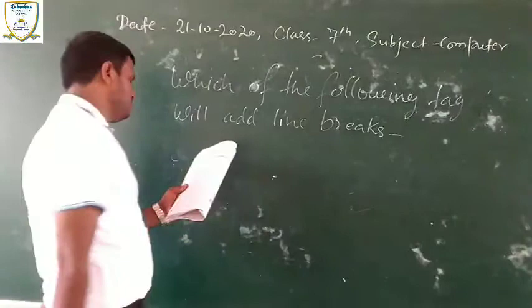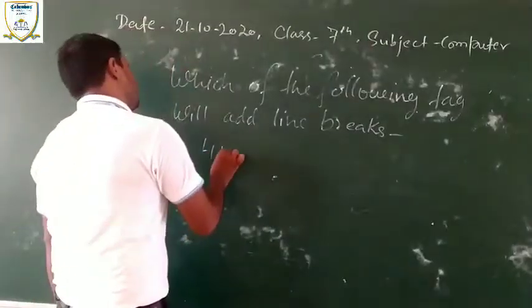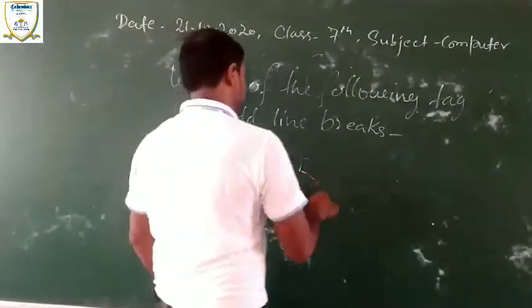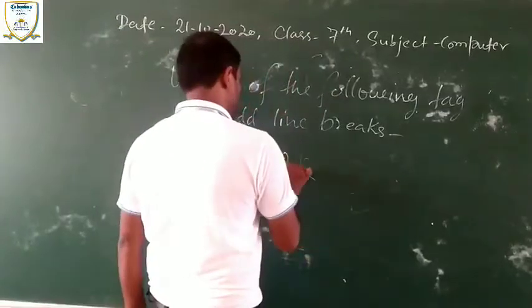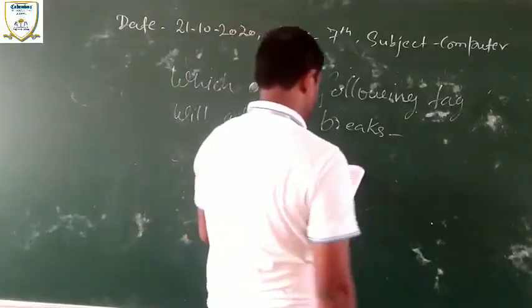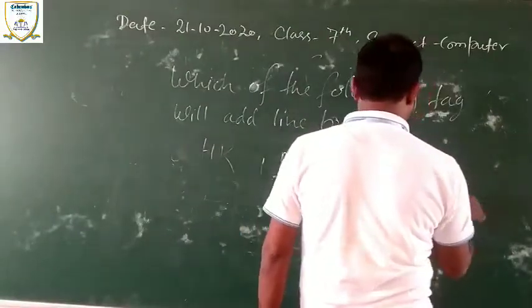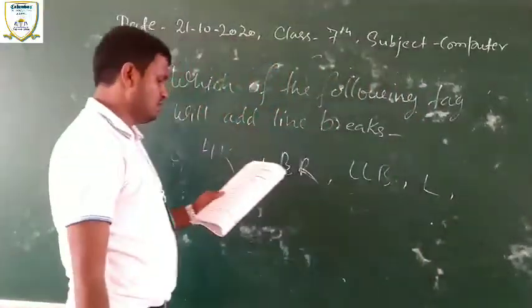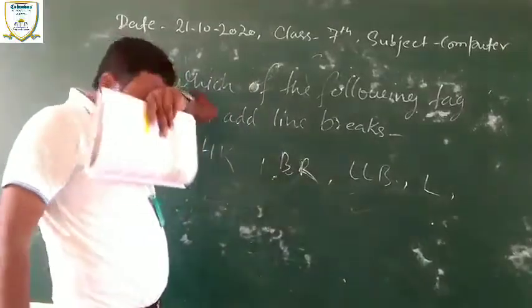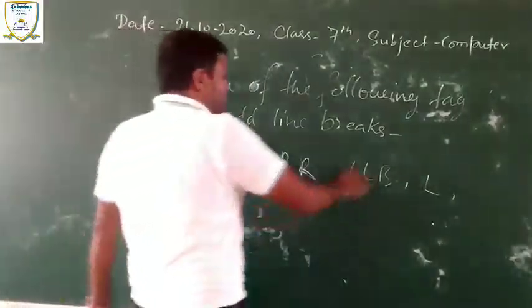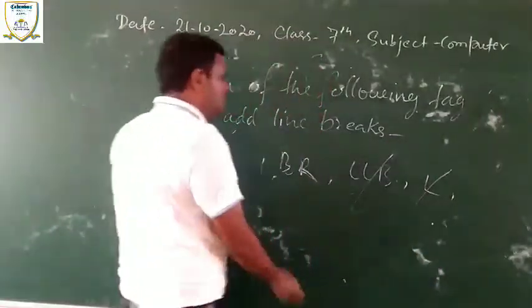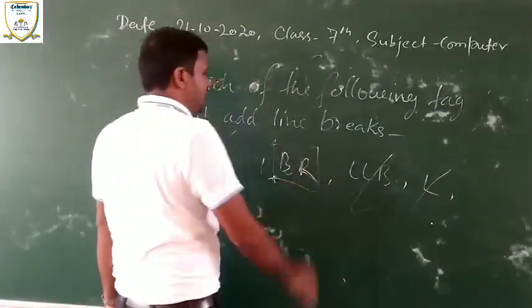The options are HR, VR, LLB, Law, Bachelor of Law, and L. So there is no HR, there is no LLB, there is no L. Only the line break tag is the correct one.